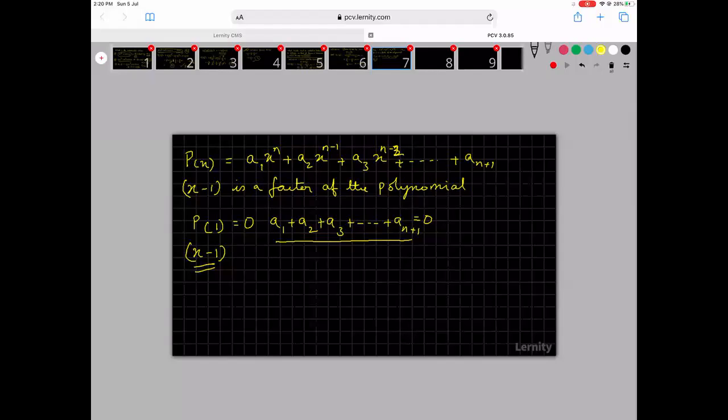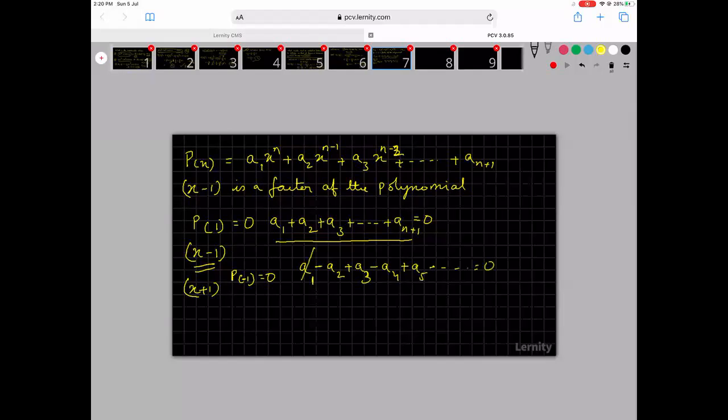Similarly, suppose I want to find out if x plus 1 is a factor or not, then p of minus 1 must be equal to 0. That means suppose n is even, then I'll get a1 minus a2 plus a3 minus a4 plus a5 and so on is equal to 0.